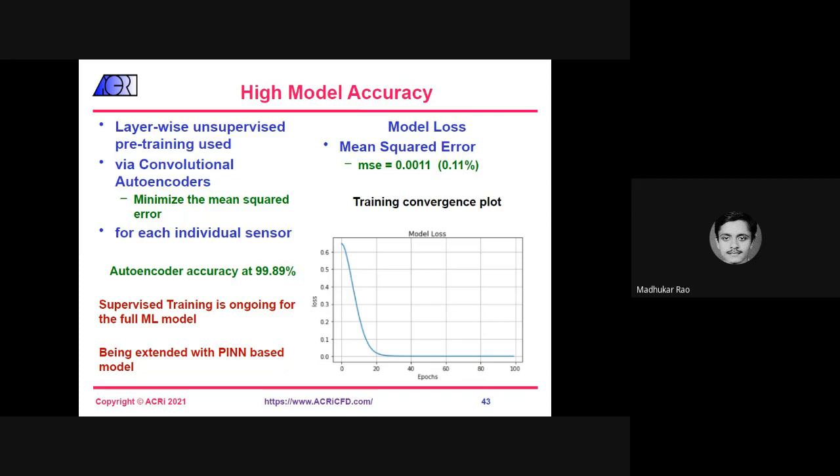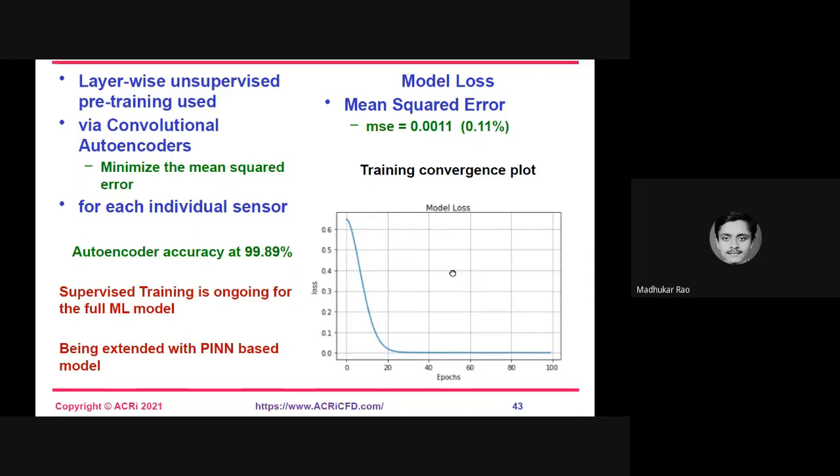So each convolutional network, we train it first as an autoencoder. In literature, it's called layer-wise unsupervised pre-training via convolutional autoencoders, and we minimize the mean square error for each sensor. And we achieved a mean square error of about 0.11%, and you can see the convergence plot of the training.